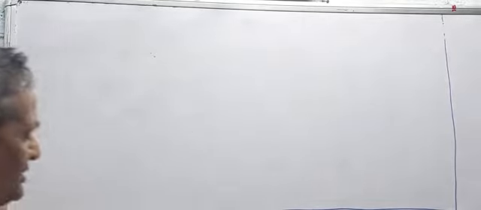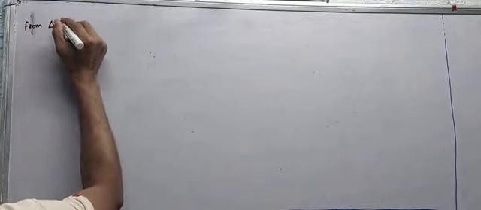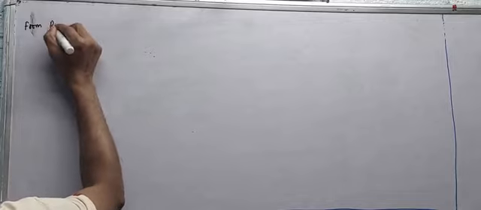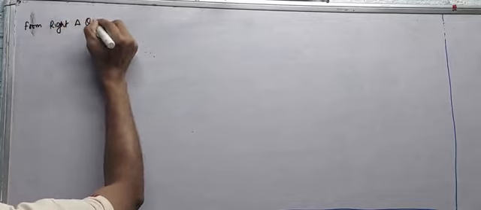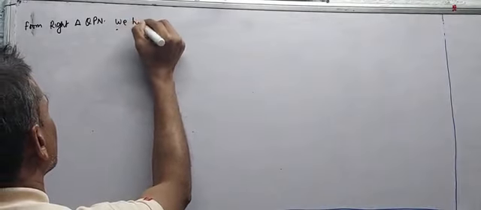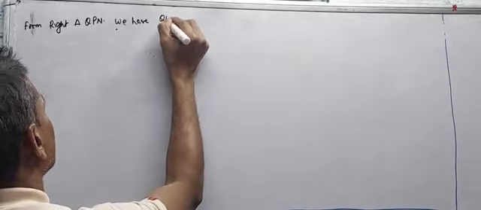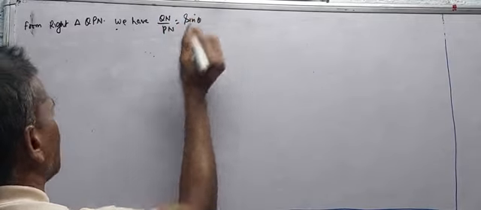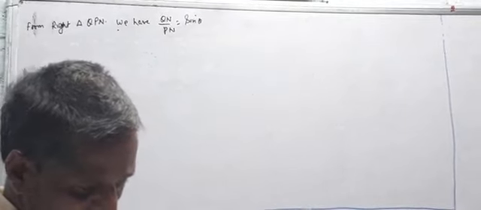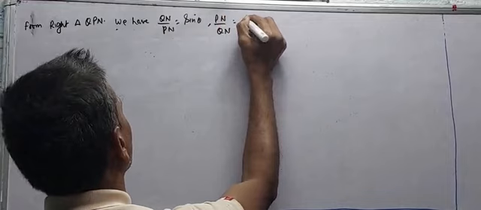From right angle triangle QPN, we have QN upon PQ equal to sin theta and PN upon PQ equal to cos theta.